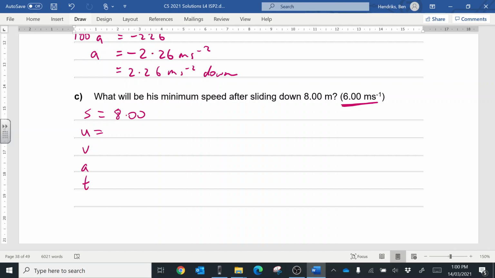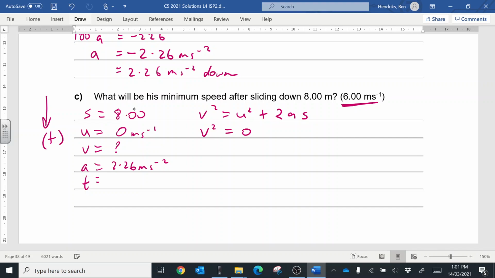After sliding down, this is all vertical, so he's starting off with 0 meters per second, and we're trying to find what his minimum speed is at the end. 2.26 is his acceleration downwards, and in this case downwards is positive, just so we can keep everything positive. So v squared equals u squared plus 2as.